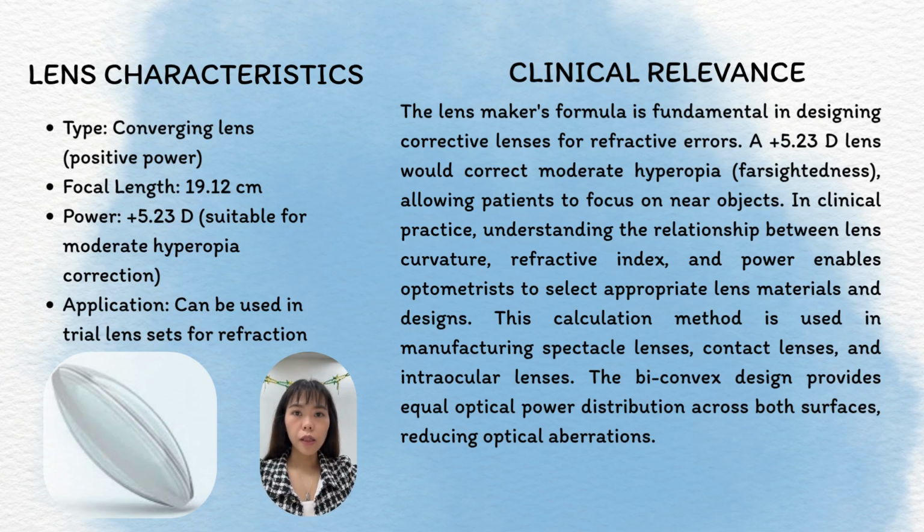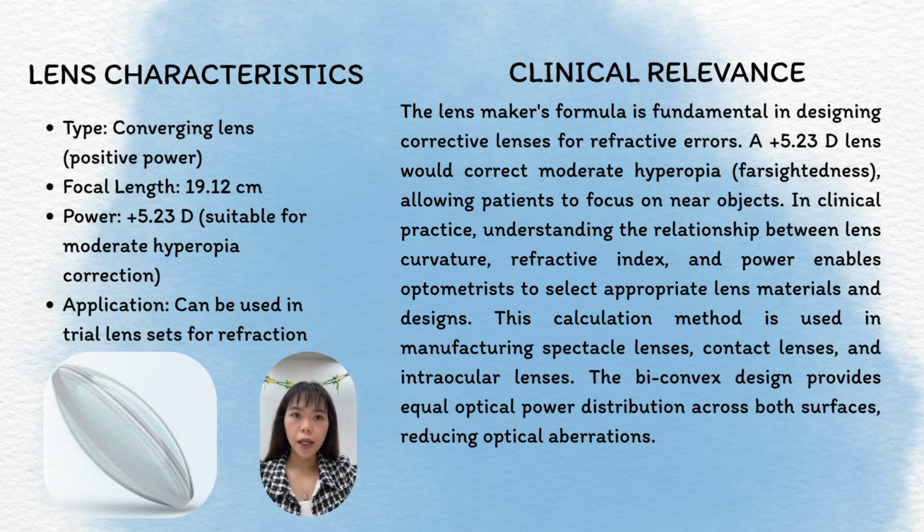Let's talk about the characteristics of the lens. The lens design here is a converging lens with a focal length of 19.12 cm and a power of 5.25 diopters. Clinically, the lens maker formula helps optometrists determine the appropriate curvature and refractive index for corrective lenses.